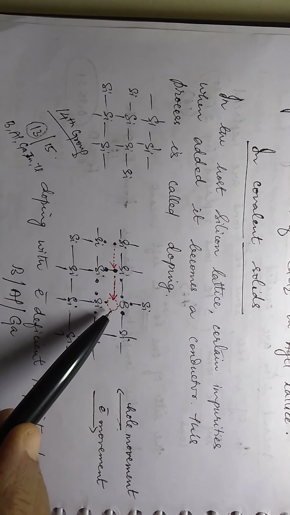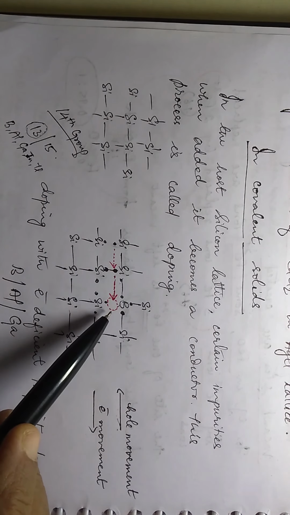So as soon as this silicon feels that I don't have a companion, boron cannot provide me an electron, what happens is the adjacent silicon atom's electron moves towards the vacant space associated with boron, and when this electron travels here, it will satisfy this silicon.